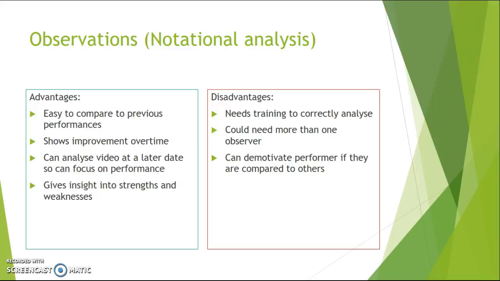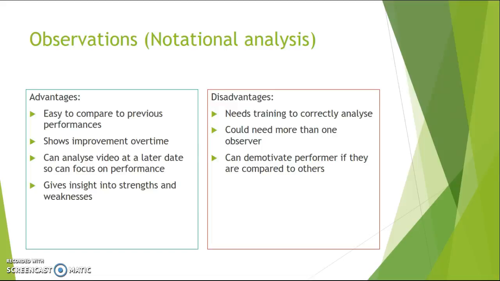And because you can look back at it, you can compare it to performances in the past or other people's performance who may be a professional. So if you have a younger gymnast and you're comparing them to an elite gymnast, you can show strengths and weaknesses and where they need to improve. But because it's a lot of analysing, you're going to need training so you know how exactly to analyse it.